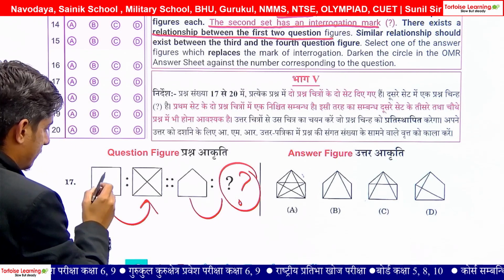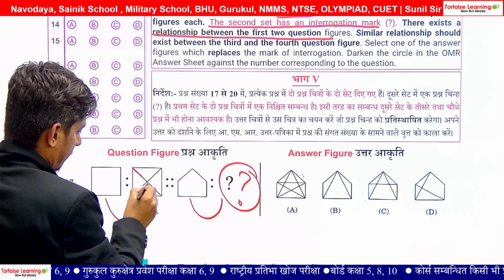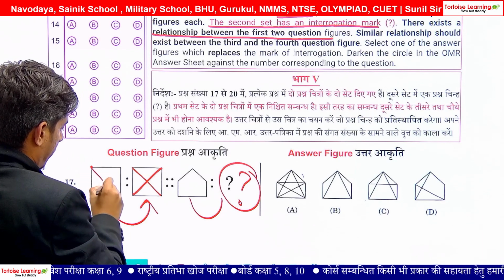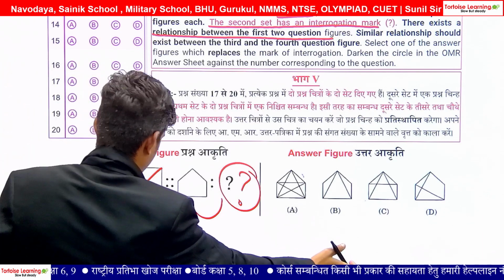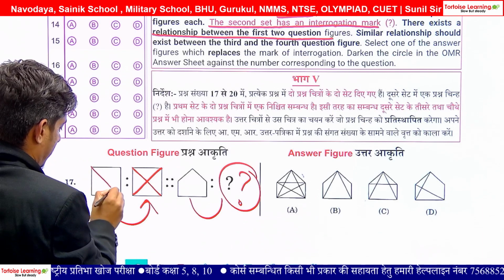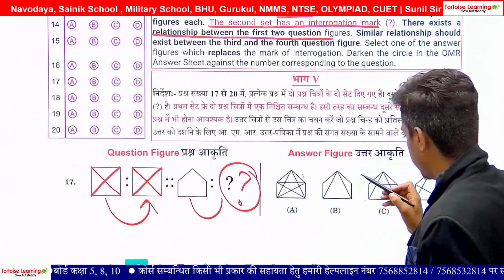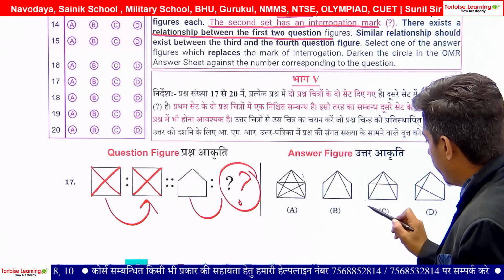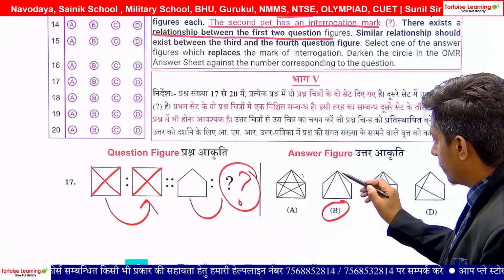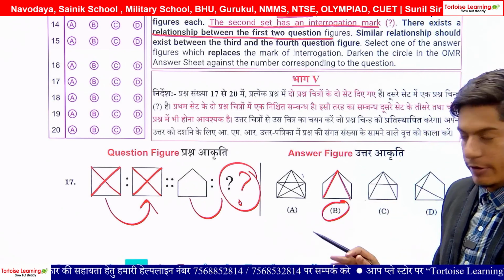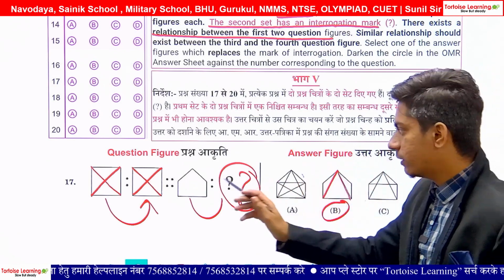So if you look at this, how this arrow came, this is the diagonal. Diagonals means we have to just join these corners. So if you join, many students will claim this is the correct answer because they will say that this is our two arrows because this has two.